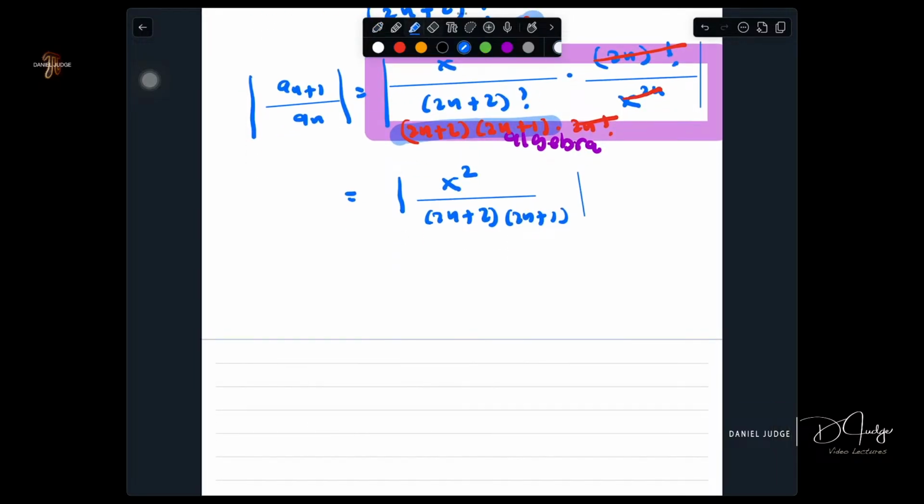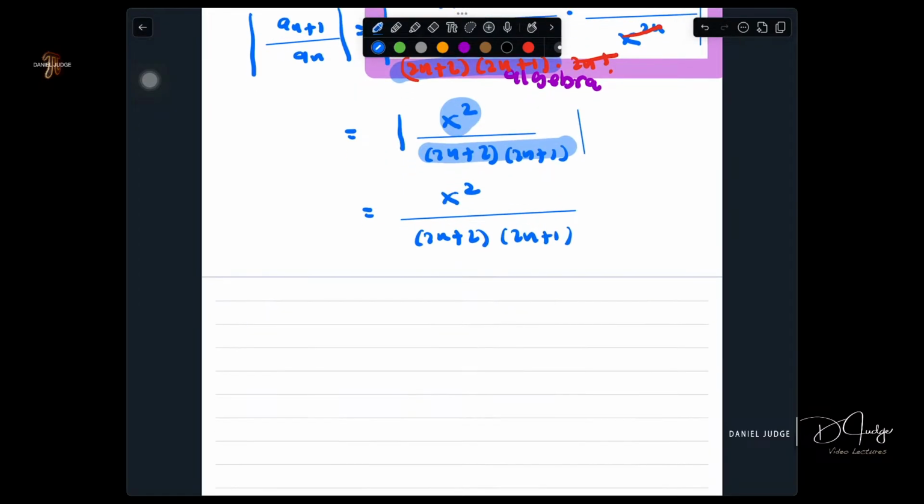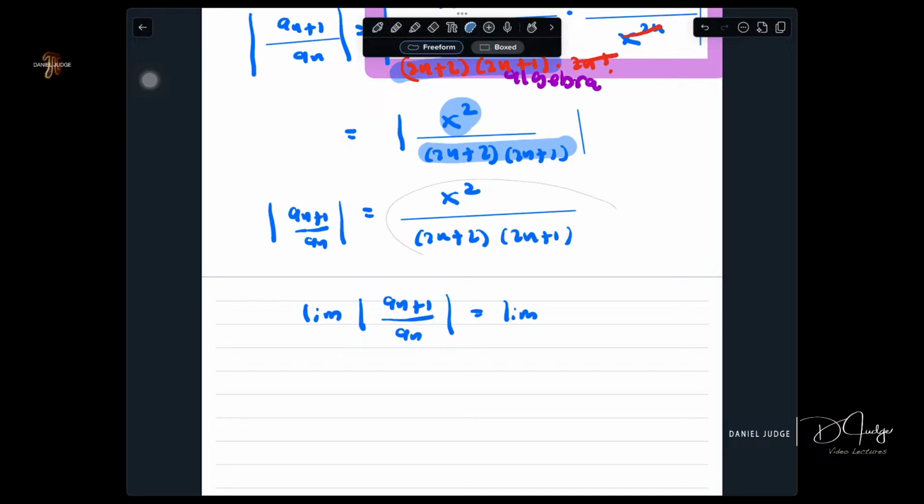Or even better, let me just say this: everything you see here in the absolute value sign is positive, so I can remove the absolute value sign. This is the absolute value of the ratio. So we take the limit now of the absolute value of the ratio, which is the limit of everything you see here.